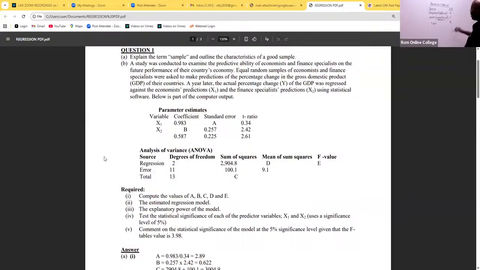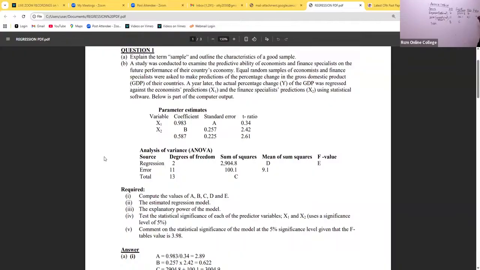And then we have what they're calling sum of squares. So sum of squares, what do we have here? Sum of squares, 2904.8, 100.1, and C. And then we have what we are calling mean sum of squares, MSS. So the mean sum of squares, I can see D, and then I can see 9.1, and then I can see the F value.